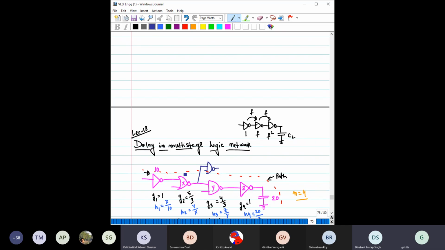So the delay would be affected. So in this path, this gate has to drive this, so obviously this path delay would be affected because of this branching. If there is no branching, then only this path has to be considered, and it would not be affected by the other path. Is this clear to you now? Yes, sir. Okay.